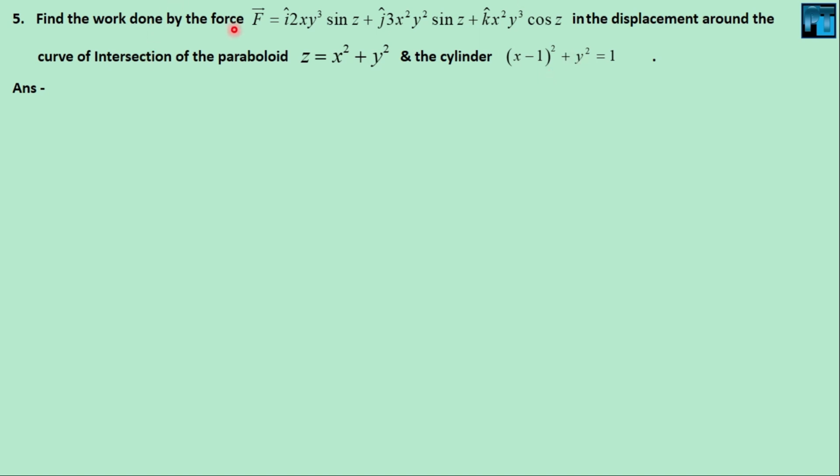See the work done by the force, that means line integral f dot dr. Since it is the intersection of the paraboloid and the cylinder, it is closed, but the main thing is, can you visualize the curve? To me, it is very tough without any simulation software to visualize the intersection curve.